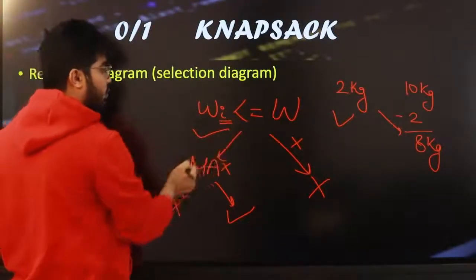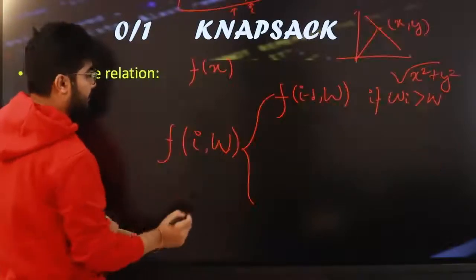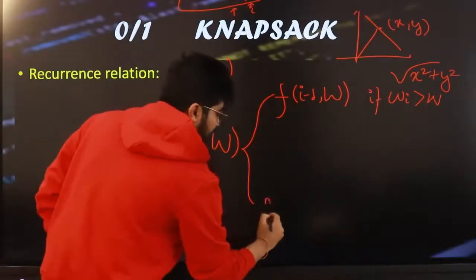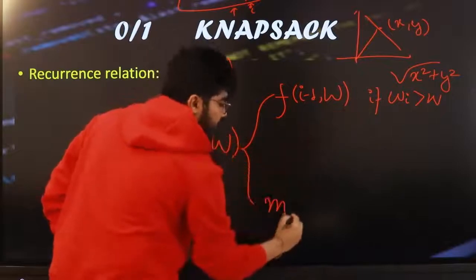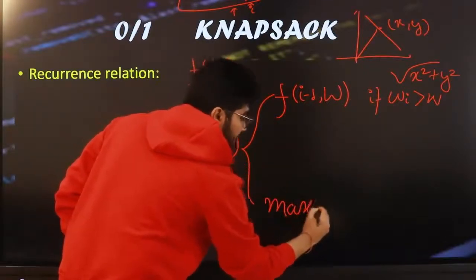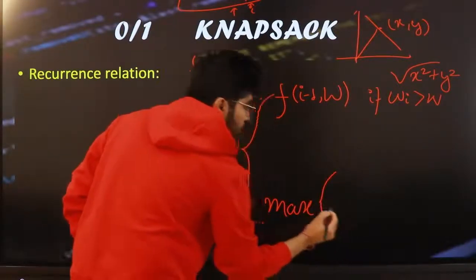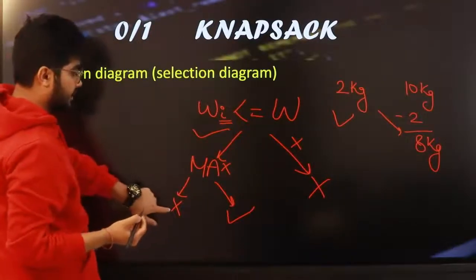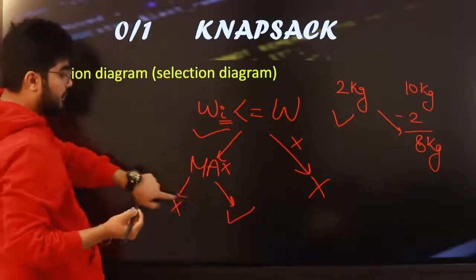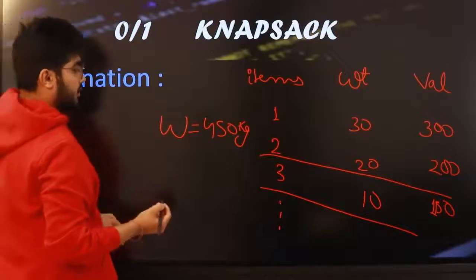Now, what is the next condition? If that thing is true, then maximum. So if this condition is true, then we would like to find the max value of whether we include this item or whether we don't include this item.